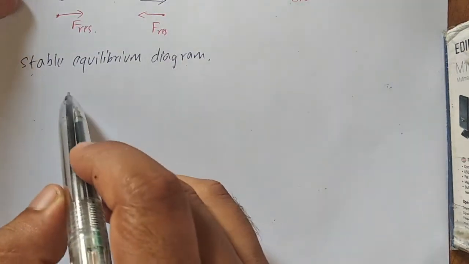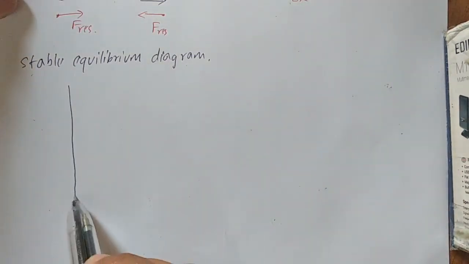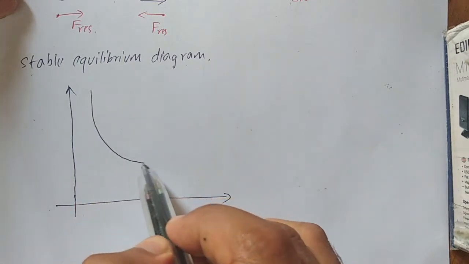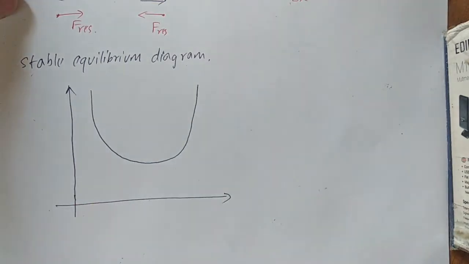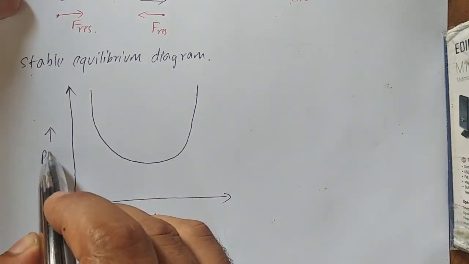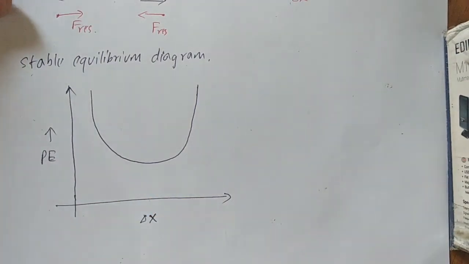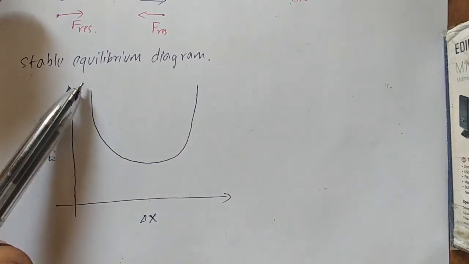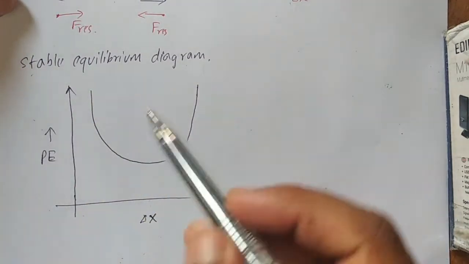Now let us take the diagram, which is similar to that. You have on the x-axis the displacement, that is the change in x. On the y-axis you have the potential energy. Now the diagram is like this.